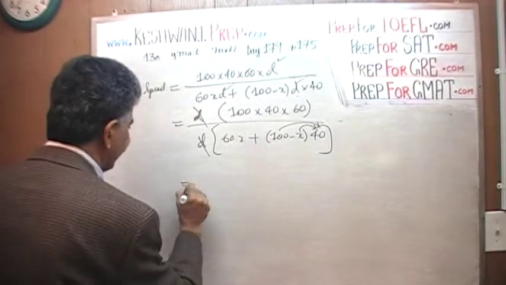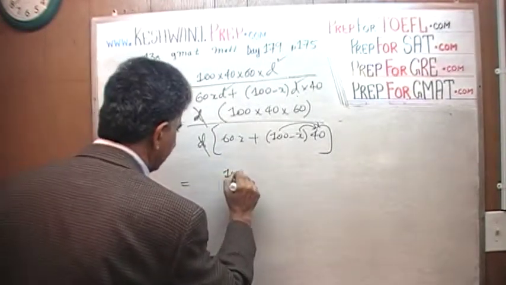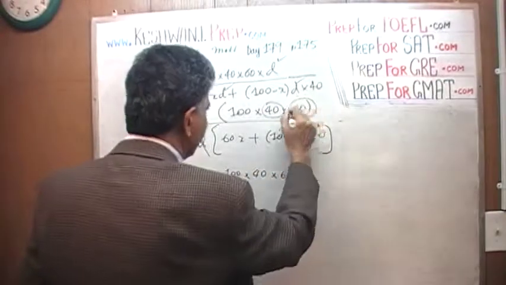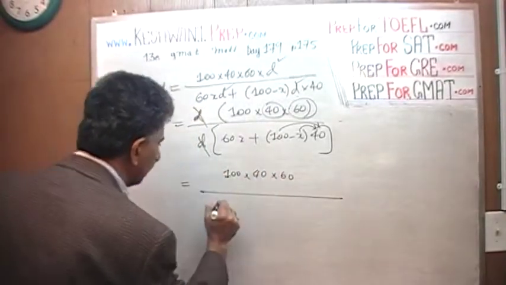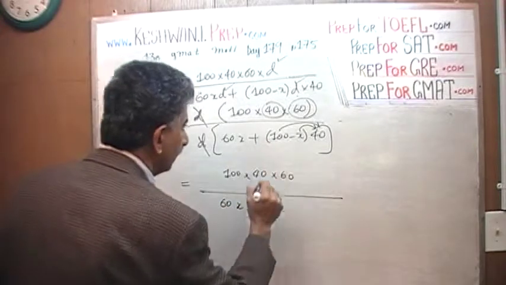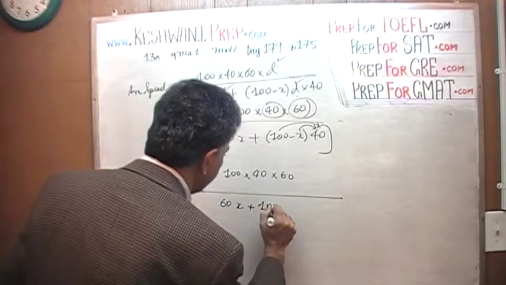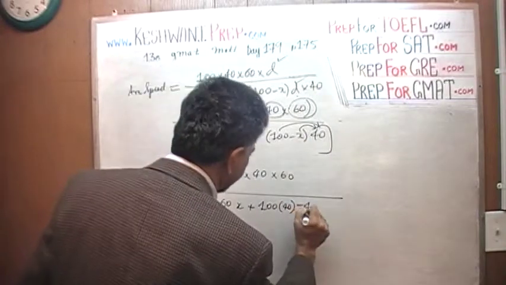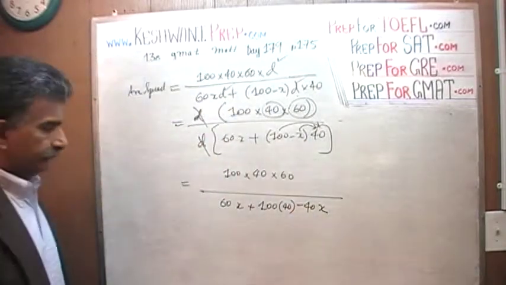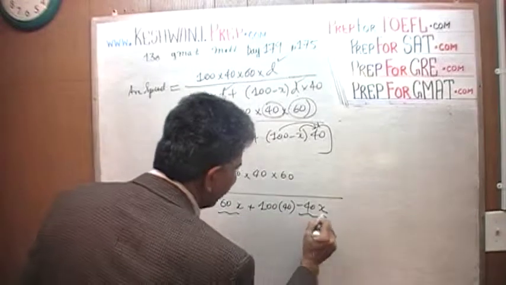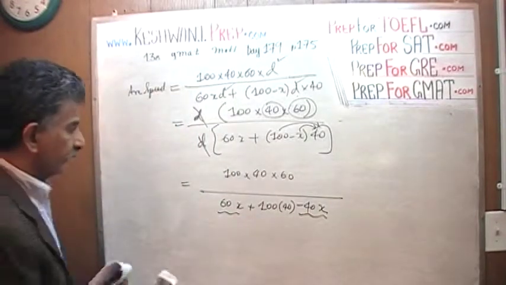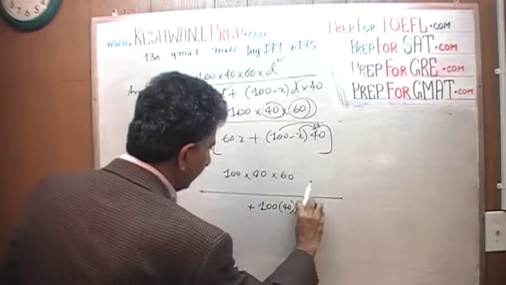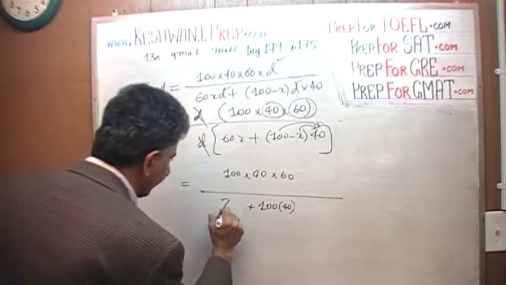So on the top is simply 100 times 40 times 60 over 60x plus 100 times 40 minus a 40x. A 60x and minus a 40x will simply be 20x.